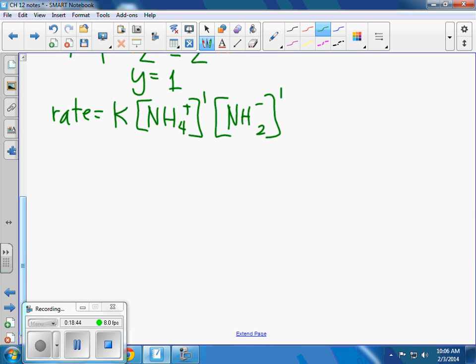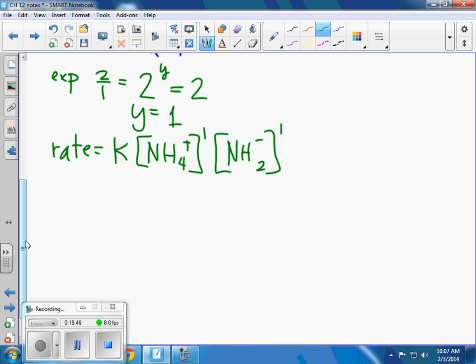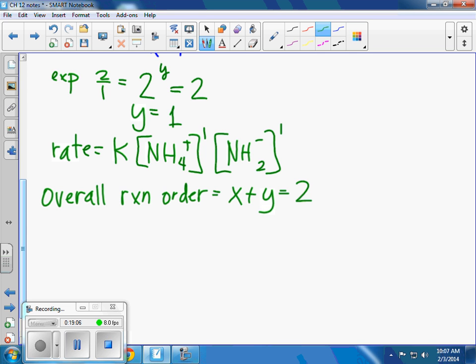Now, this is your rate law expression. They'll also ask you for your overall reaction order. In this case, this would be X plus Y, so 1 plus 1 is equal to 2, so our overall reaction order is 2.